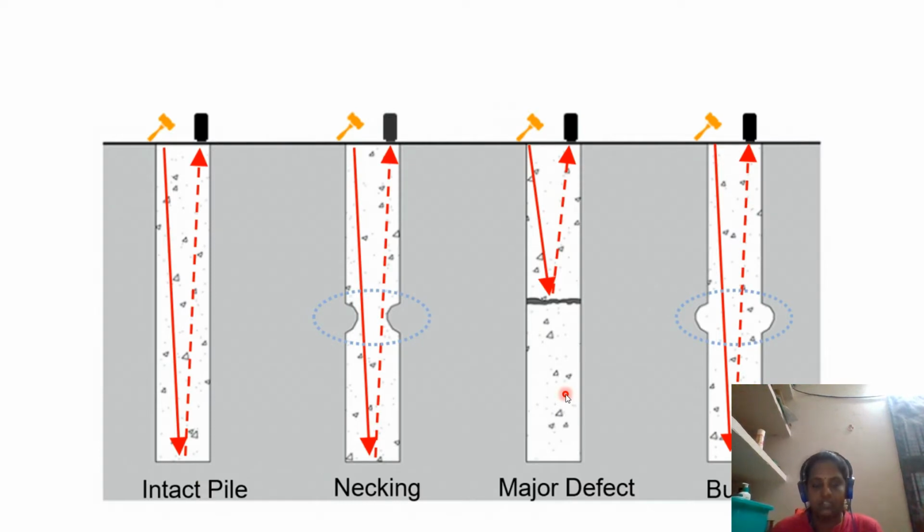That's the limitation. So these are the different types: necking, as I said, and major defects. Major defects mean an improper joint or bulging. What I mentioned also rarely occurs.